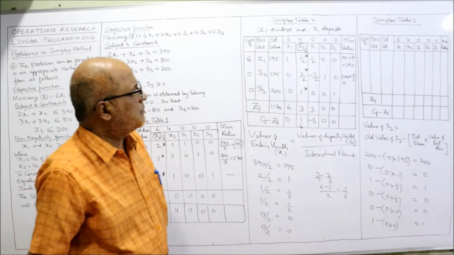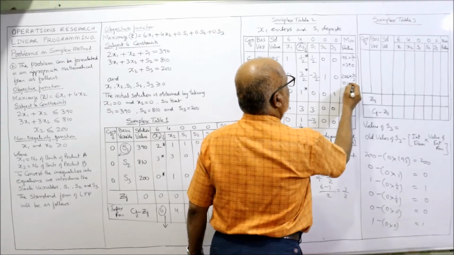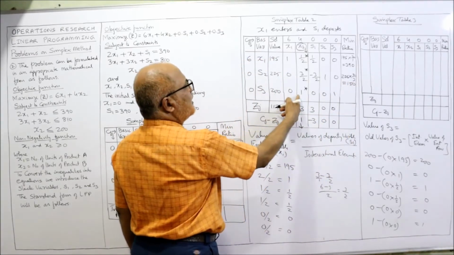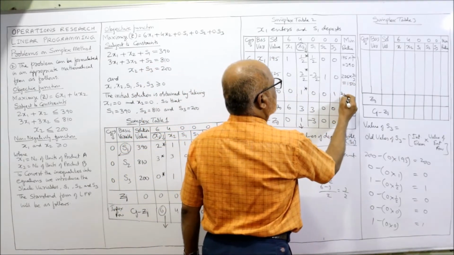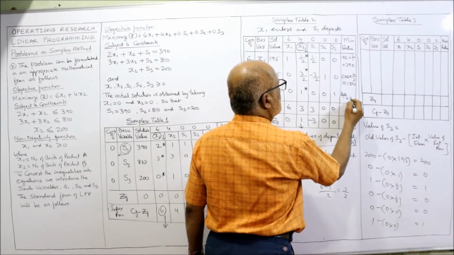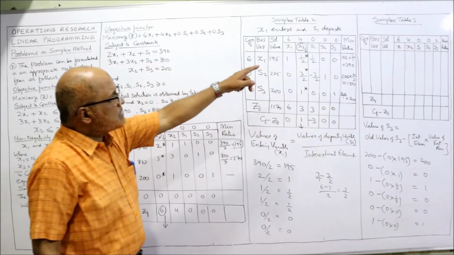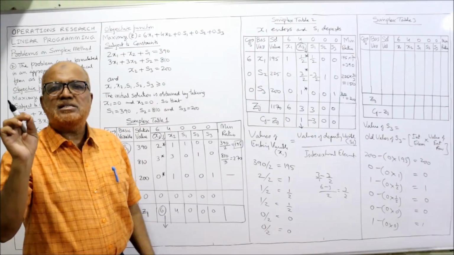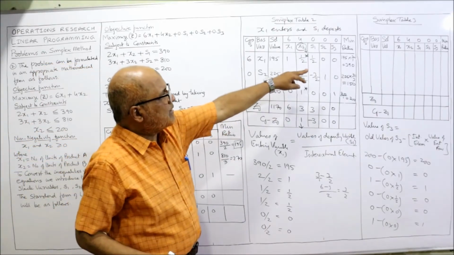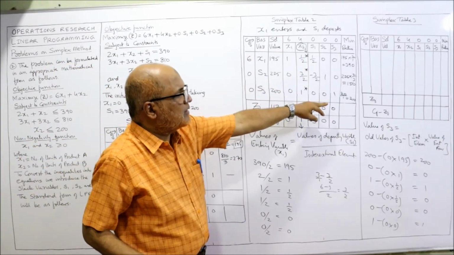It will become 150. Here 200 divided by 1 is equal to 200. Now in these three values, whichever is minimum, first one 390, second 150, third 200.